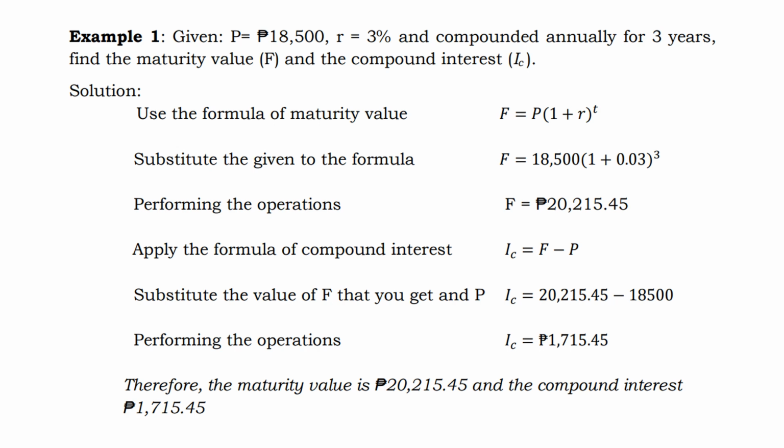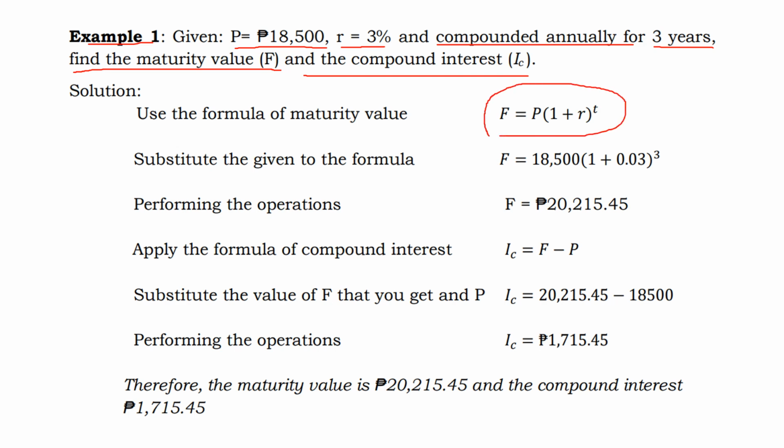So with this example number 1, the given P is 18,500, R or rate of interest is 3% compounded annually for 3 years. So we're asked to find the maturity value F and the compound interest I sub C. So we simply use the formula in this one for us to find the maturity value or future value.